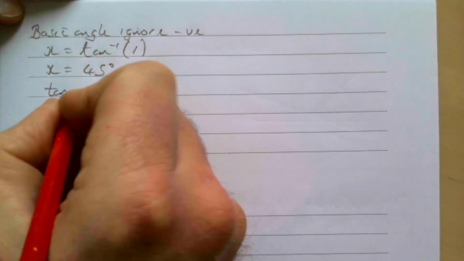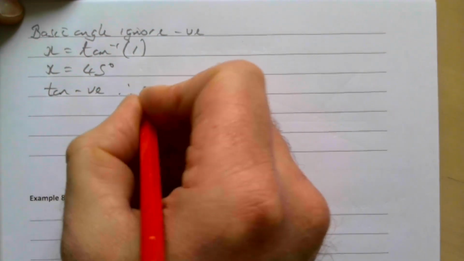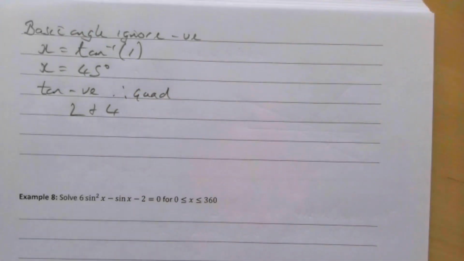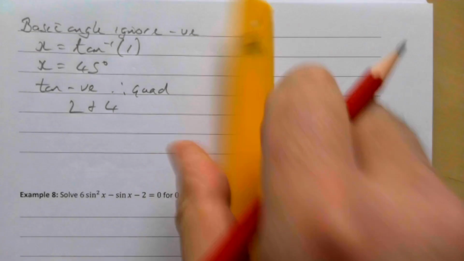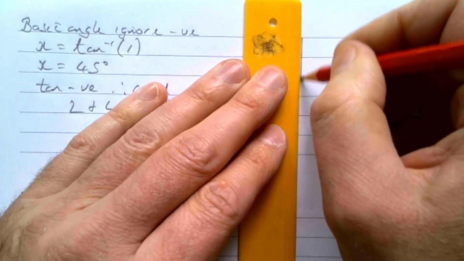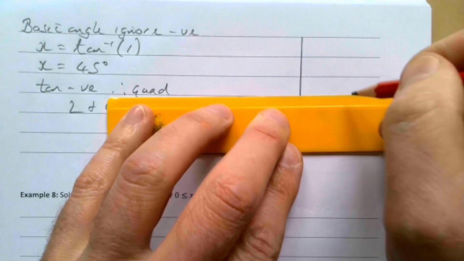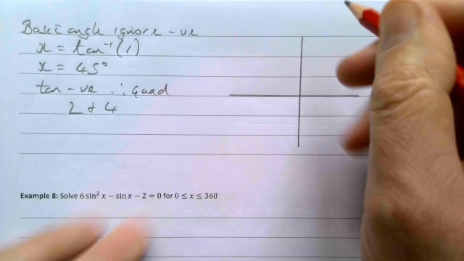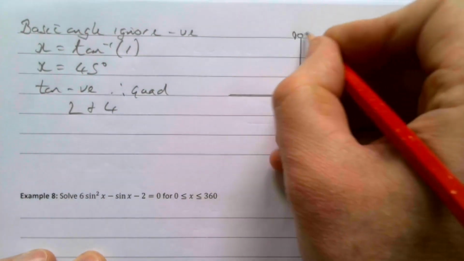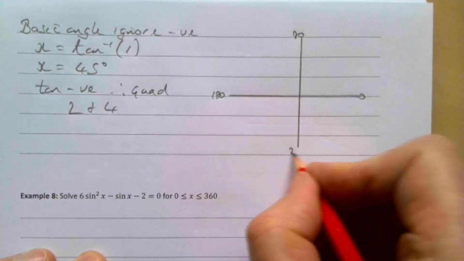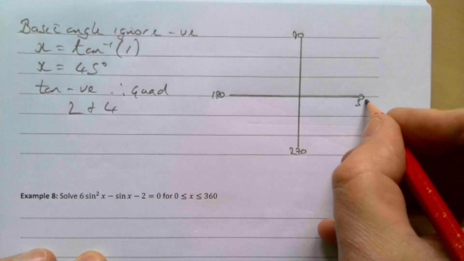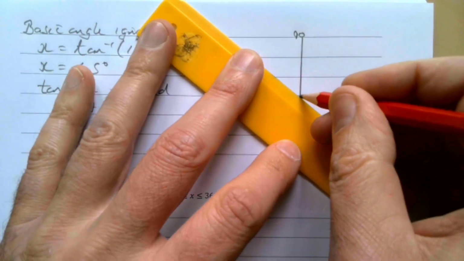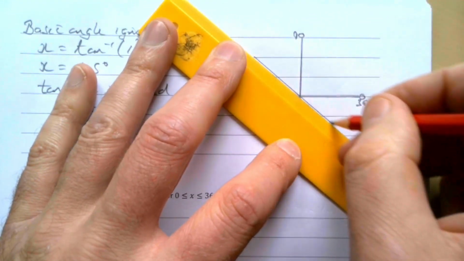We want where tan is negative, and therefore that's going to be in quadrants 2 and 4. So let's draw our diagram. 0, 90, 180, 270, 360, and the two we want are going to be quadrant 2 and quadrant 4.